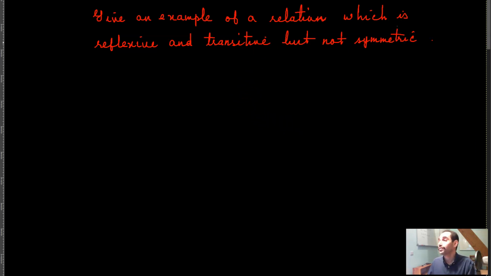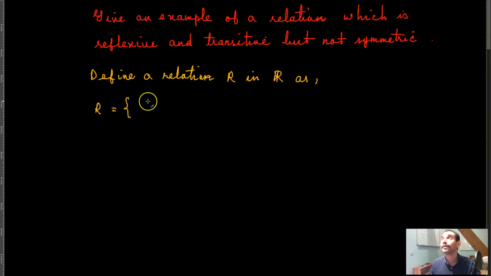So part 4, basically you could define a relation R in the set of real numbers as R is equal to, for example, (a, b) such that a cube is greater than or equal to b cube.